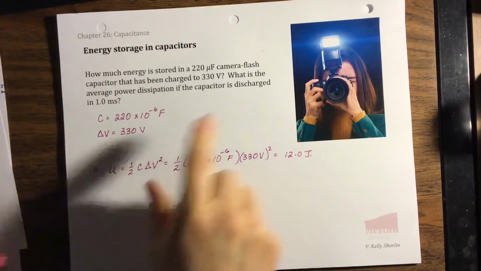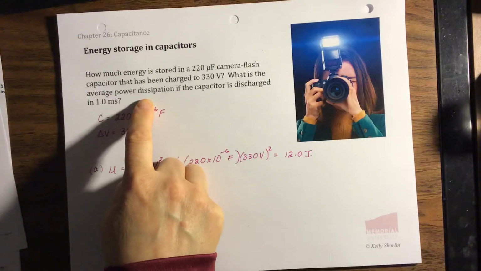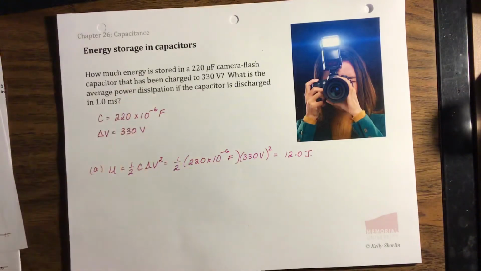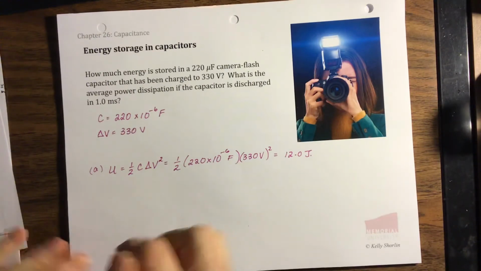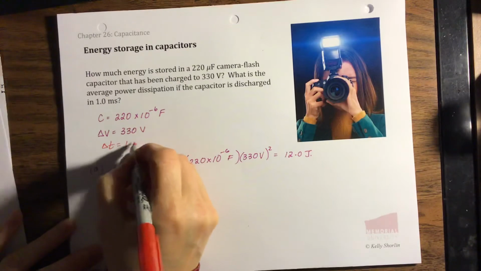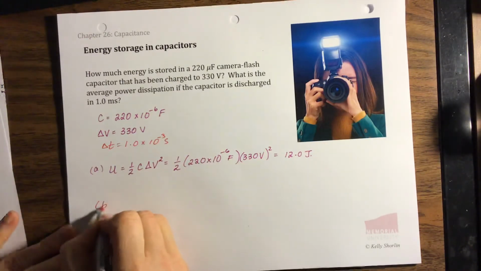And then the second part, what is the average power dissipation? So what is the energy over time if the capacitor is discharged in 1 millisecond? So now we're saying that the energy is going to be discharged over a time of 1 millisecond, 1 times 10 to the minus 3 seconds.